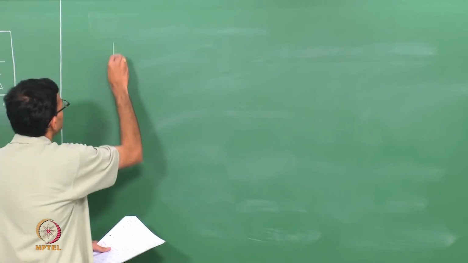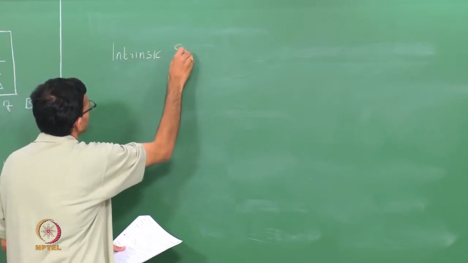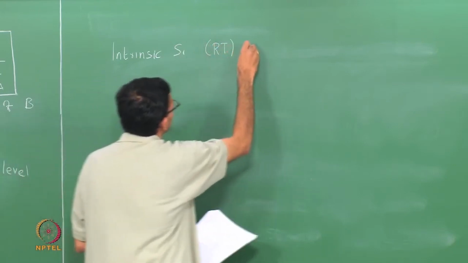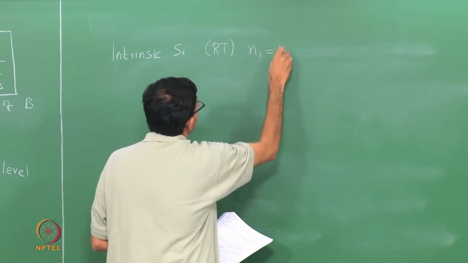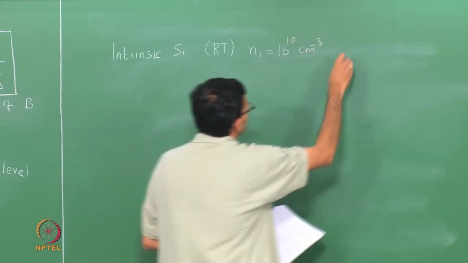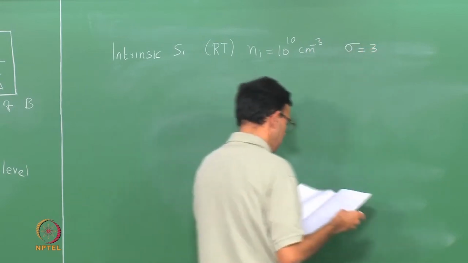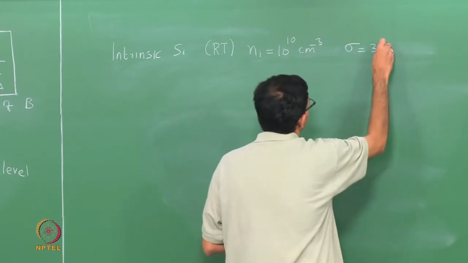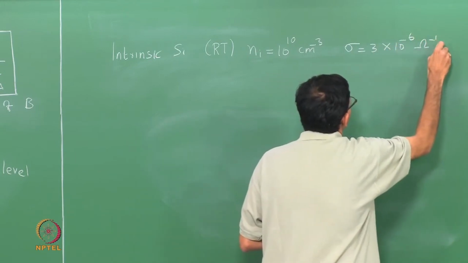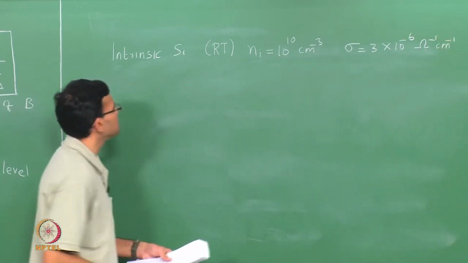We saw earlier that if you have intrinsic silicon, your carrier concentration at room temperature is 10 to the 10 and your conductivity sigma is around 3 times 10 to the minus 6 ohm inverse centimeter inverse.